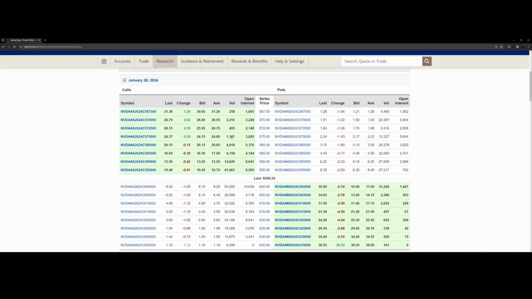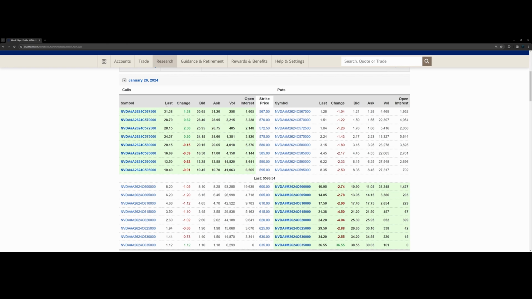Before I dive into this option chain and talk about what this means and how to read this, let's understand how options are traded. Options are traded on the open market just like stocks, but there are additional data points specific to options that we need to understand when we trade options.